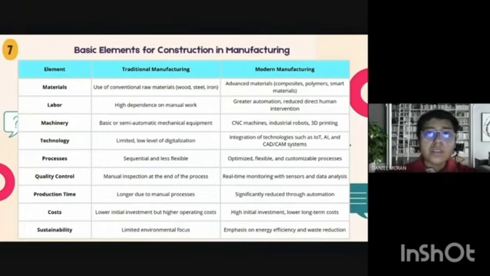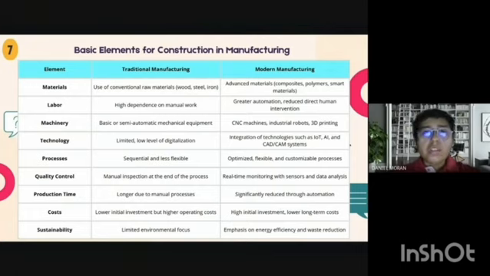Traditional systems relied heavily on conventional raw materials, basic mechanical equipment, and a high dependence on manual work. However, modern manufacturing has completely transformed these processes. We now use advanced materials such as polymers and smart materials and rely on greater automation through CNC machines and industrial robots.